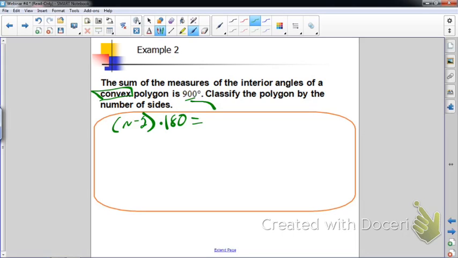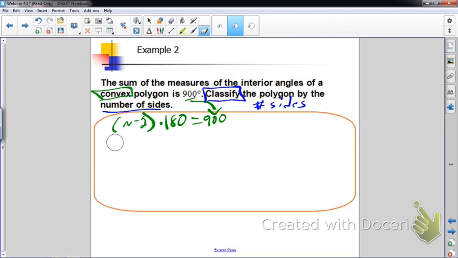We're going to substitute that on the right-hand side of the equation, and then solve for n, because it says classify, meaning name or give me the total number of sides that we have for this polygon. As you see here, number of sides.